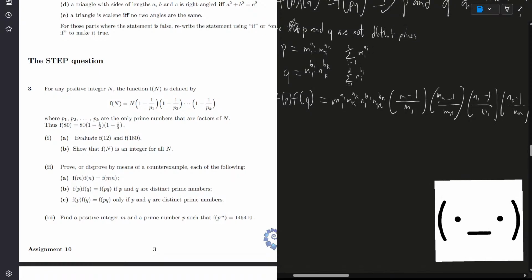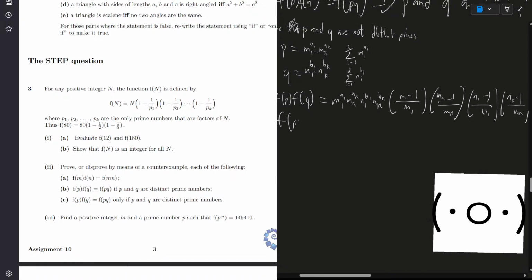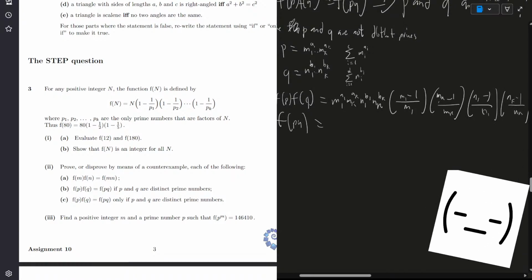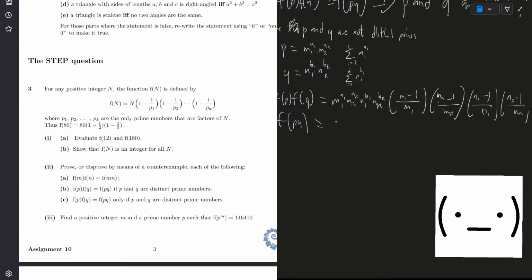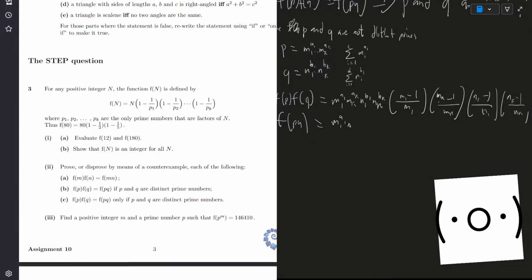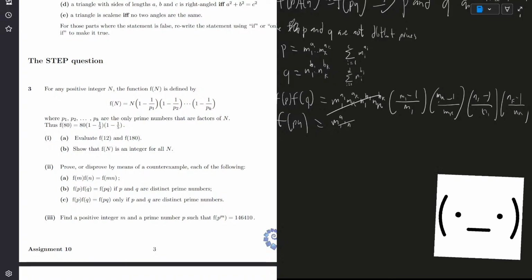Okay. So F P Q equals F1, a bunch of stuff. These cancel out. Good enough.